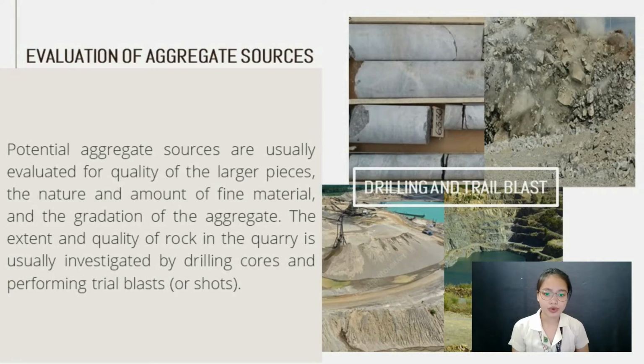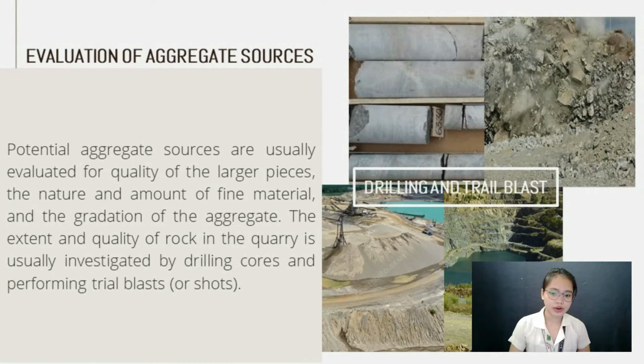Specifically, in a quarry, rocks are examined by drilling cores and performing trial blasts. The picture on the upper right is the illustration. The one on the left side was drilled, while the other one on the right side underwent trial blast, or you can simply call it shots.